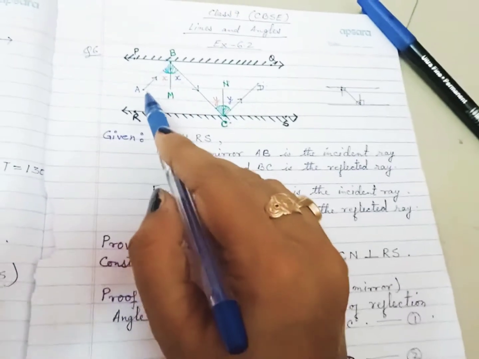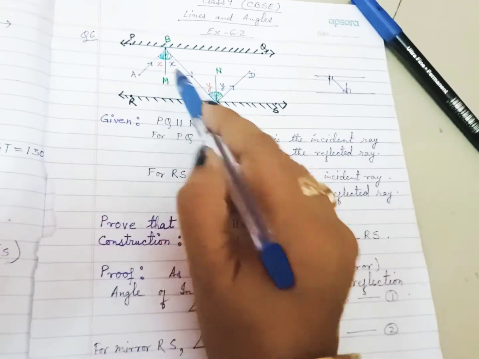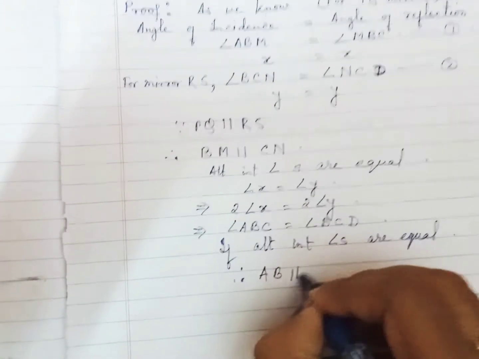So AB is parallel to CD, because BC is the transversal there. Therefore AB is parallel to CD, and that is proved.